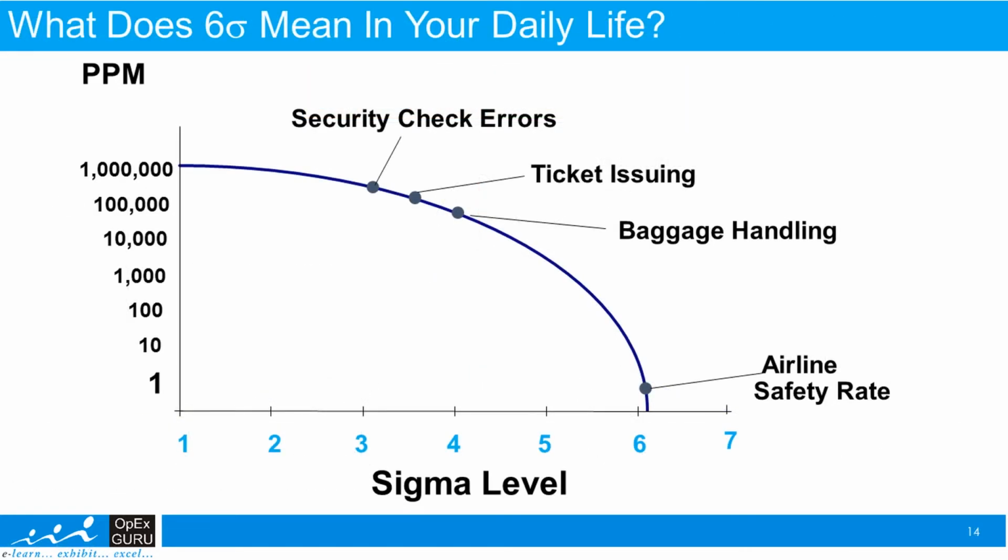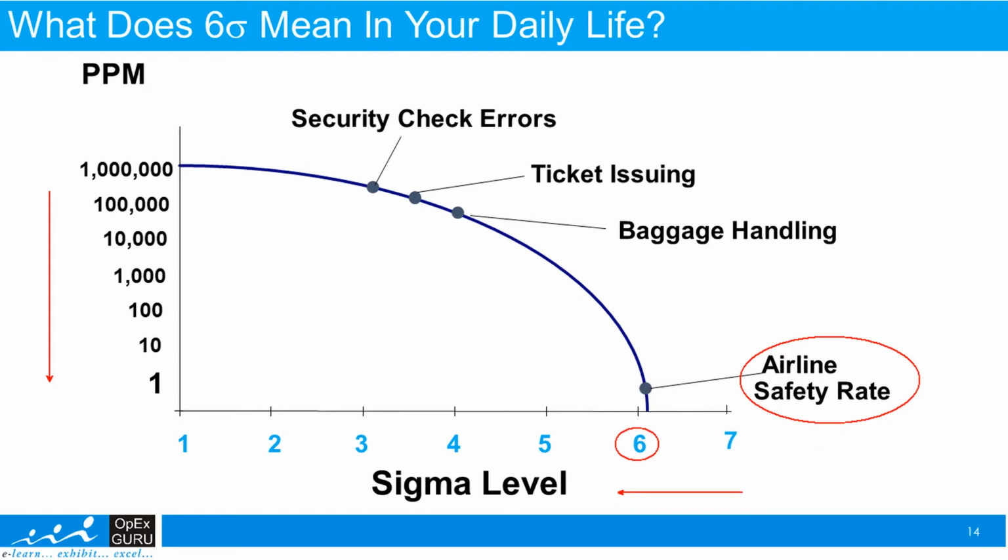Let us understand different sigma levels for the airline industry in a real life situation. In this example, on one axis is parts per million opportunities or defects per million opportunities, and here is the sigma level. You can see here that these are all different activities in an airline company. For example, the airline safety rate is more than 6 sigma level.